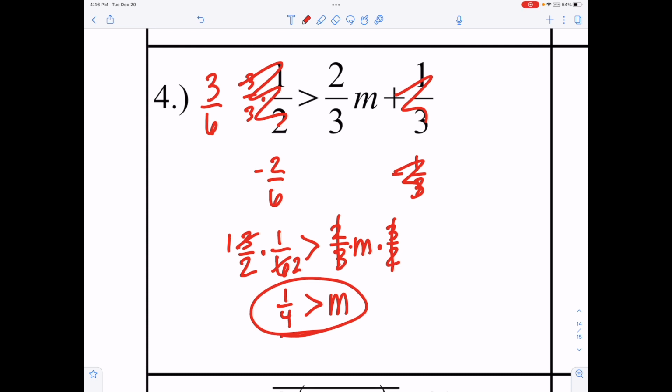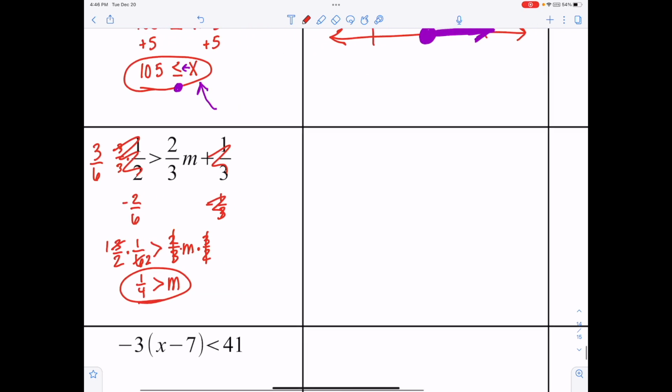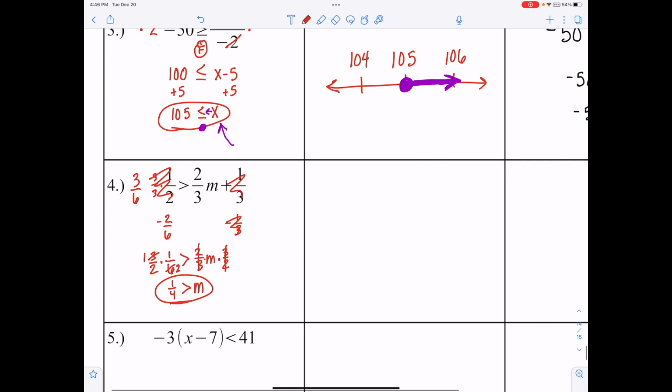Okay. All right. Let's go ahead and graph this. So we're going to record our target number, which is 1/4. Draw your line. Draw your 3 tick marks. We need to make one number bigger. So let's go ahead and do a bigger number would be 2/4, and a smaller number would be 0. Okay, so we're just going up by 1/4 and below by 1/4.